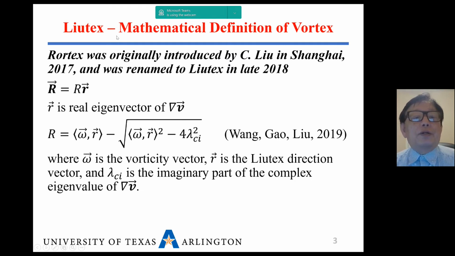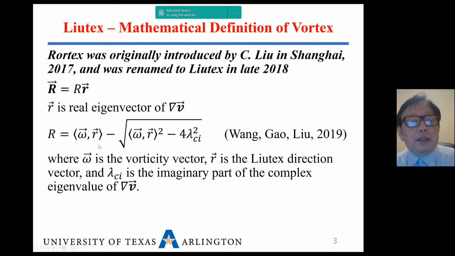First, I want to give a brief introduction to Liutex, which is a mathematical definition for vortex. Actually, Liutex is a vector. The direction is the real eigenvector of the velocity gradient tensor, and the magnitude is given by this formula.